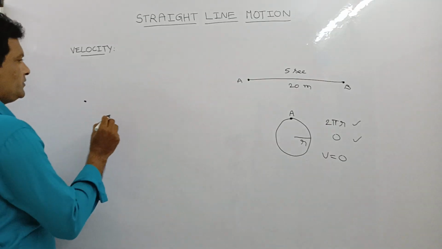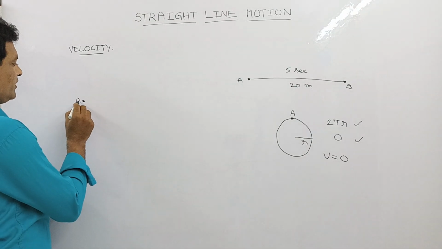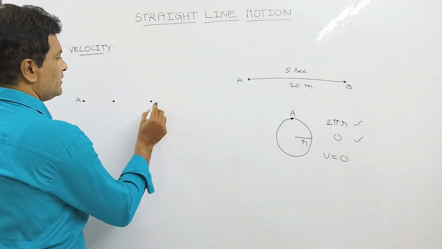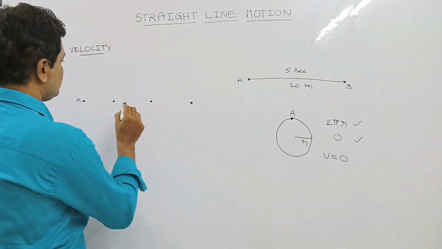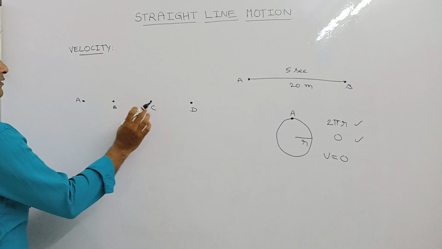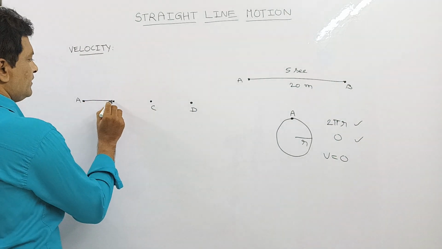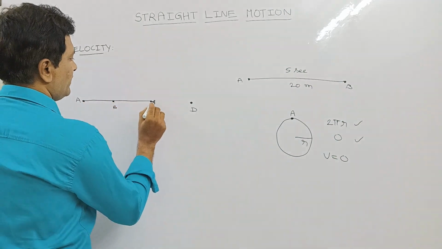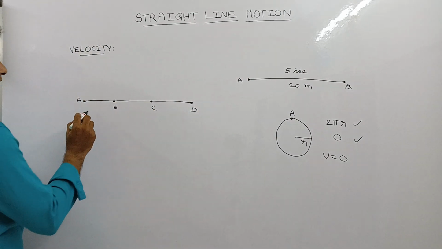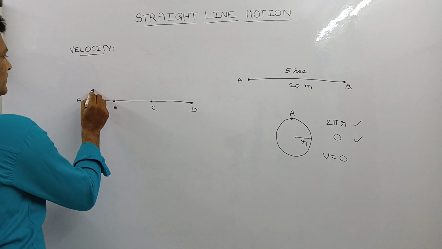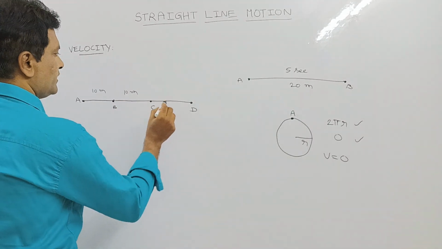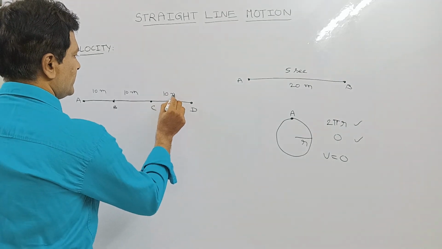Suppose the object moves from A to B, B to C, C to D, traveling in a path. Here A to B is, suppose, 10 meters, B to C 10 meters, C to D 10 meters.